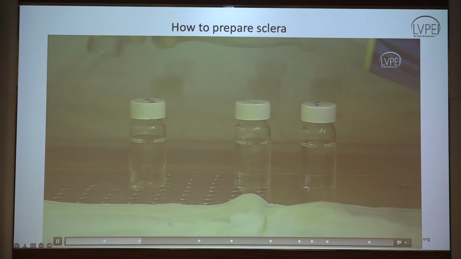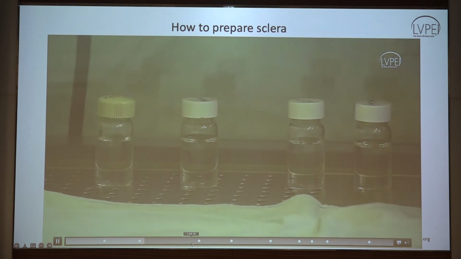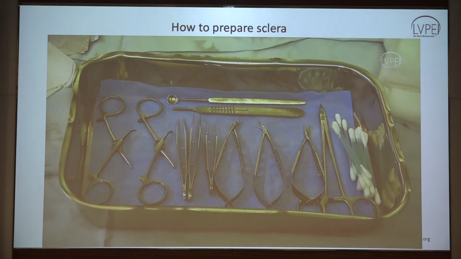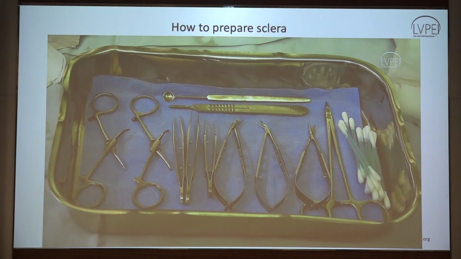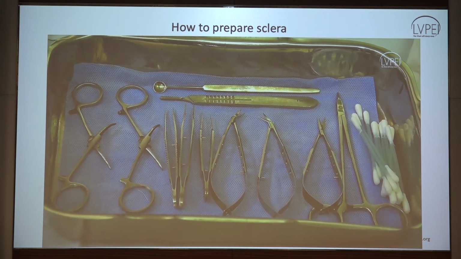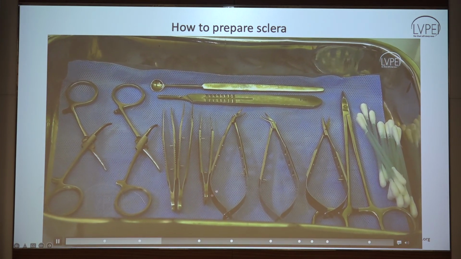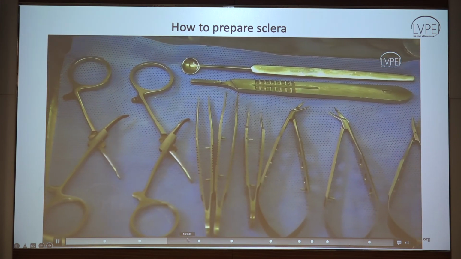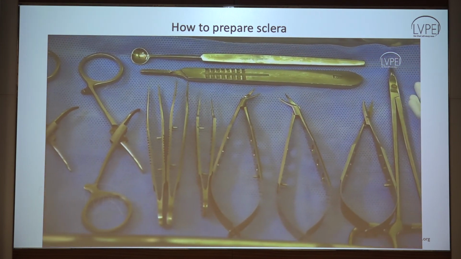All the instruments that are required for retrieval of the cornea are also used in preparing of the sclera, and these are also typically present in the eye bank technician's kit, and they are sterilized prior to use. The records of all the sterilization are also maintained.